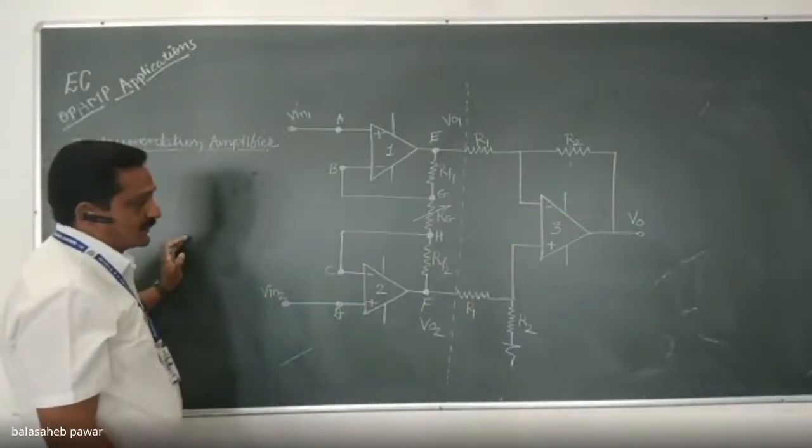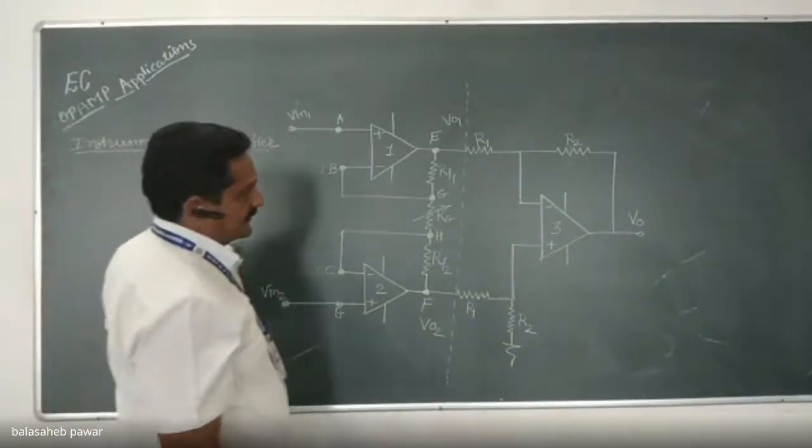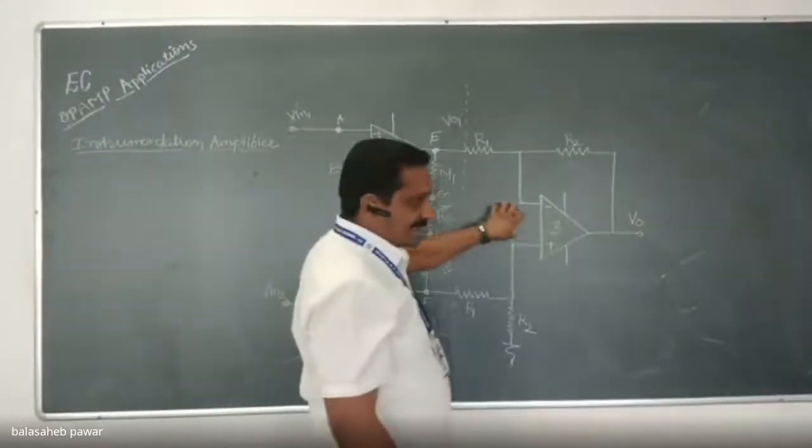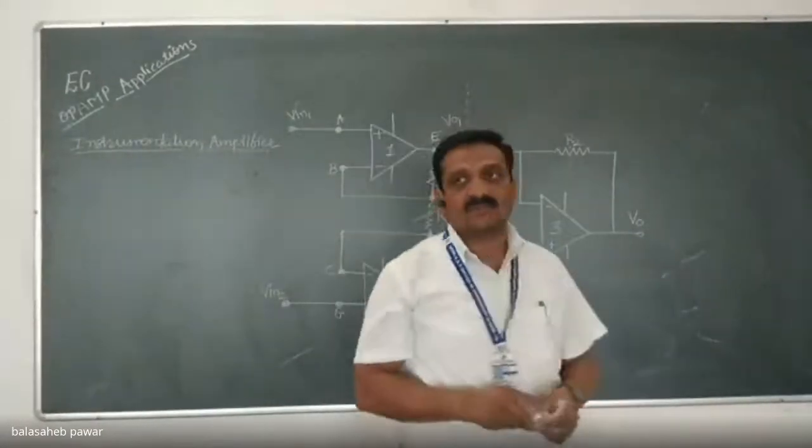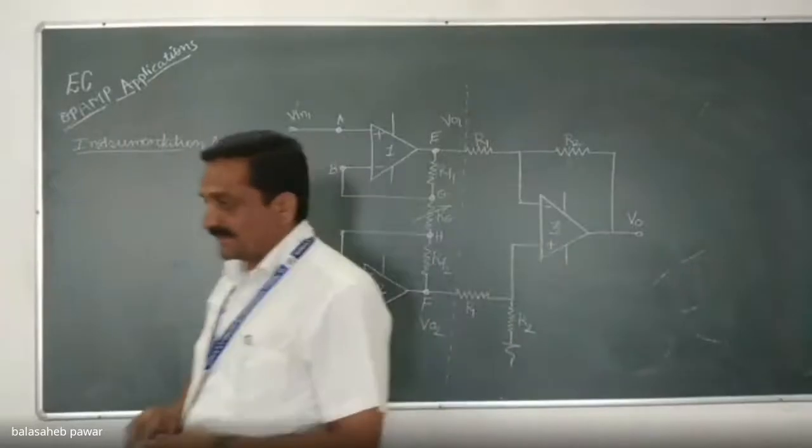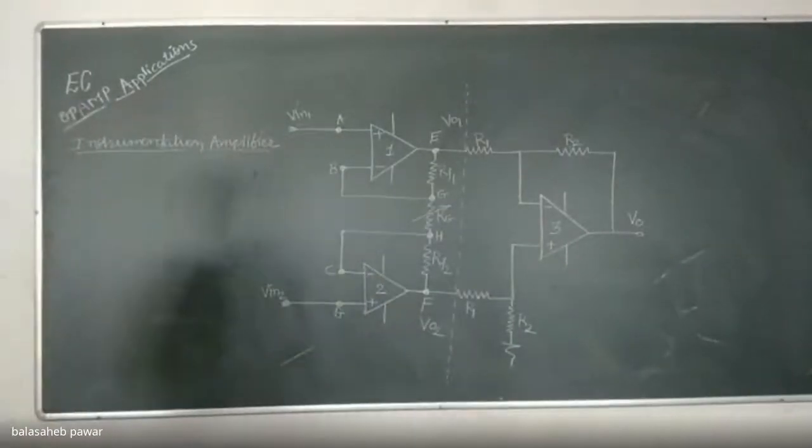Okay, and the circuitry formed by that third op-amp, looking towards it, that op-amp is working as what? One of the applications today morning we already discussed. Just try to correlate it. Third op-amp, it forms which type of application?